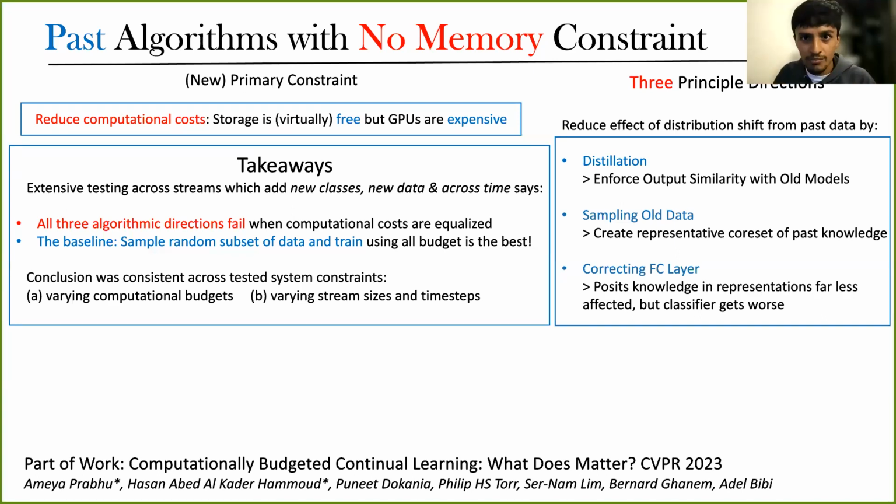We varied the compute budget, the number of times that we trained, and the sizes of the stream. We varied different sampling methods and we varied across datasets. It was very consistent that the random sampling baseline with class balance was always the best method to use. This is why.